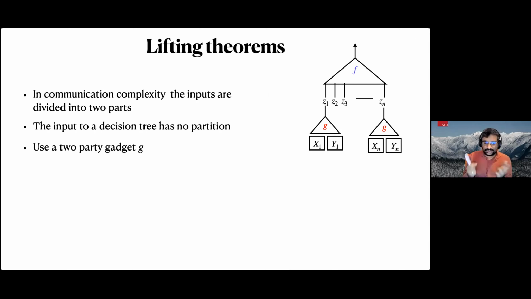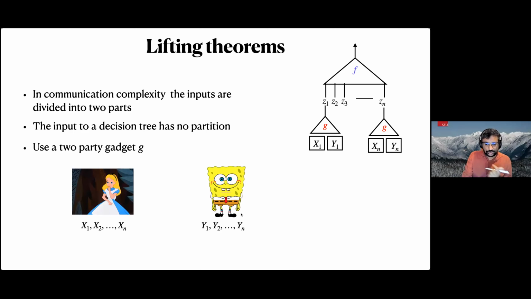The gadget gets its independent inputs xi and yi, and produces, in some cases, a 1-bit output. For today's talk, it will be a 1-bit output. These 1-bit outputs are the inputs to the function in the decision tree model. In the communication problem, Alice gets x1 to xn, Bob gets y1 to yn. They both know f and g, and their goal is to compute f composed with g.